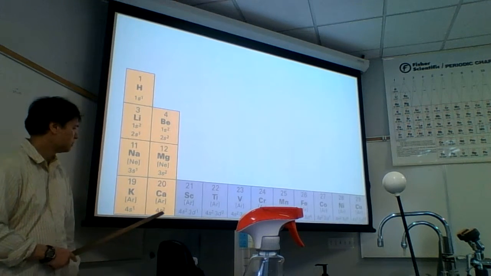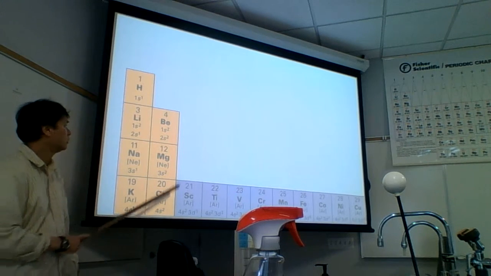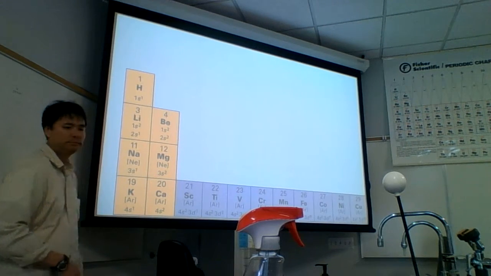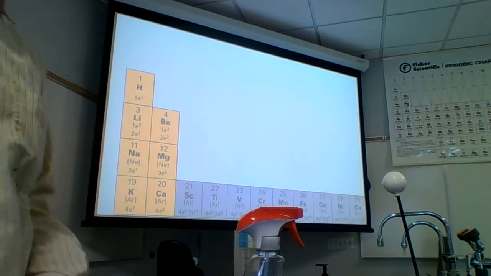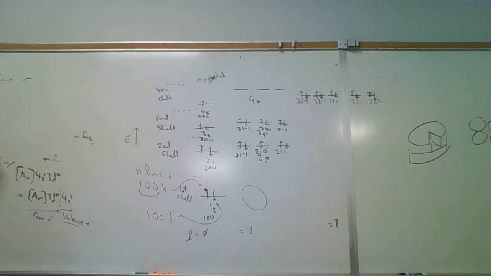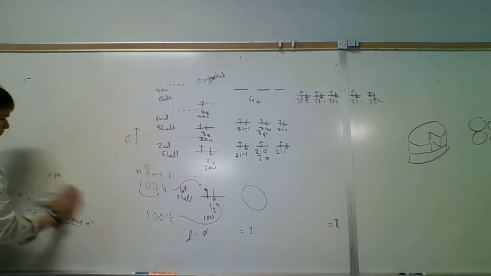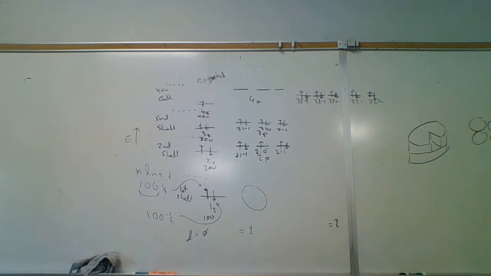For which one? How did I figure it out? Let's look at calcium. Let's draw the electron orbital energy level diagram for calcium. So number one, you should memorize this.